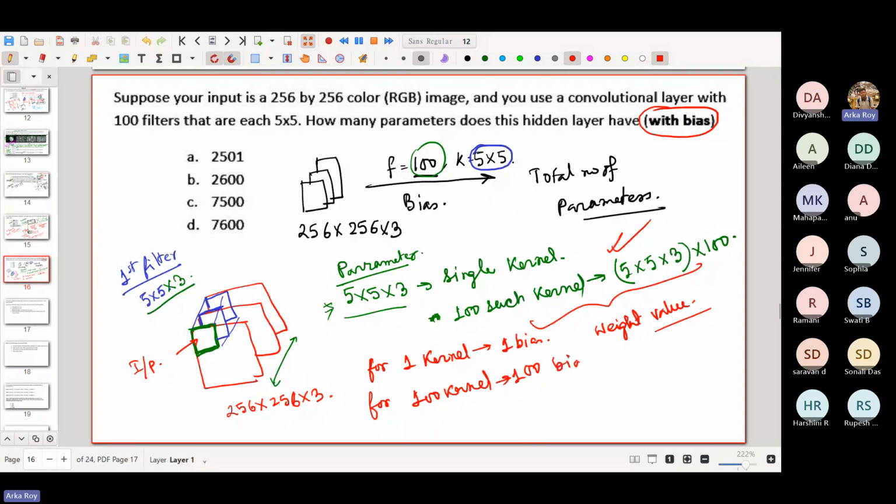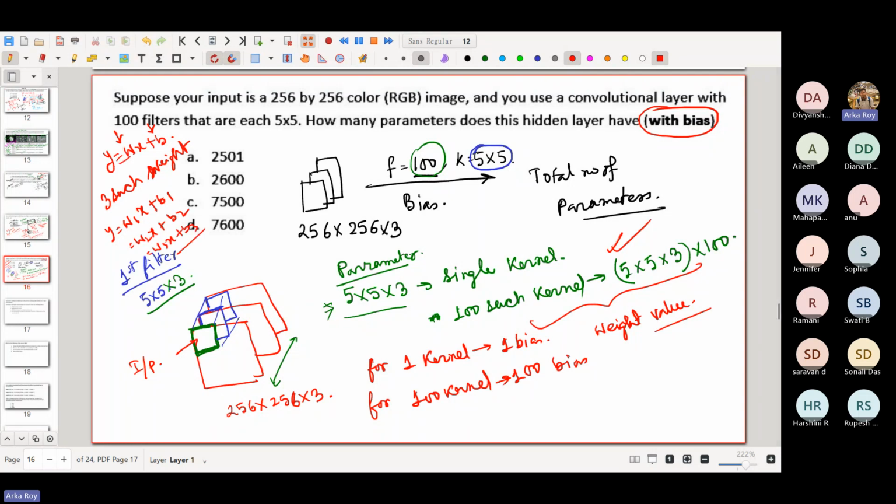It is like from this equation: y equals wx plus b. For a single weight, you will have a single bias. Let's say you have 3 such weights, so your equation will be y equals w1x plus b1, w2x plus b2, w3x plus b3, like that.